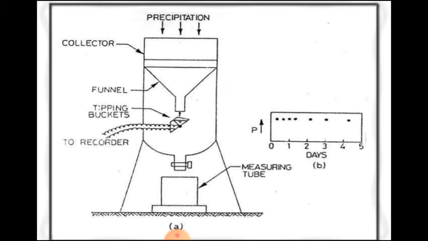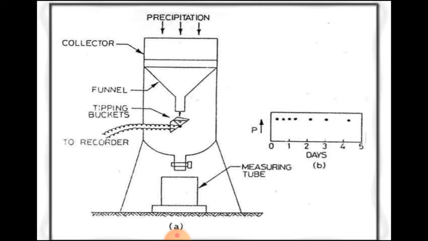For example, if you want to find out the rainfall over a certain area, how many rain gauges should be installed, and where should we locate them? One option would be gauges at any place of the watershed, or we may add more rain gauges in that particular location.